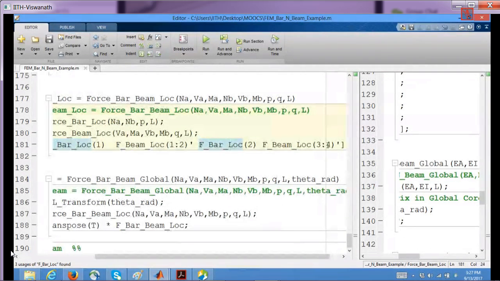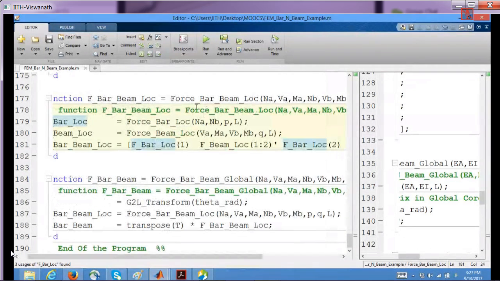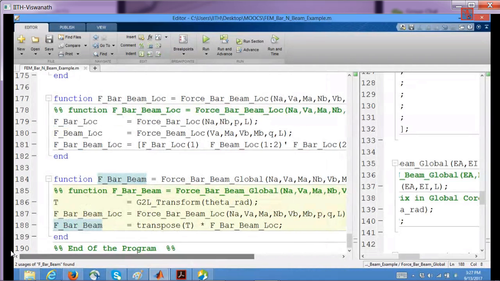So I have arranged it, and from the local thing I can get the global F global by transposing it, and then I'm done with the transformation.